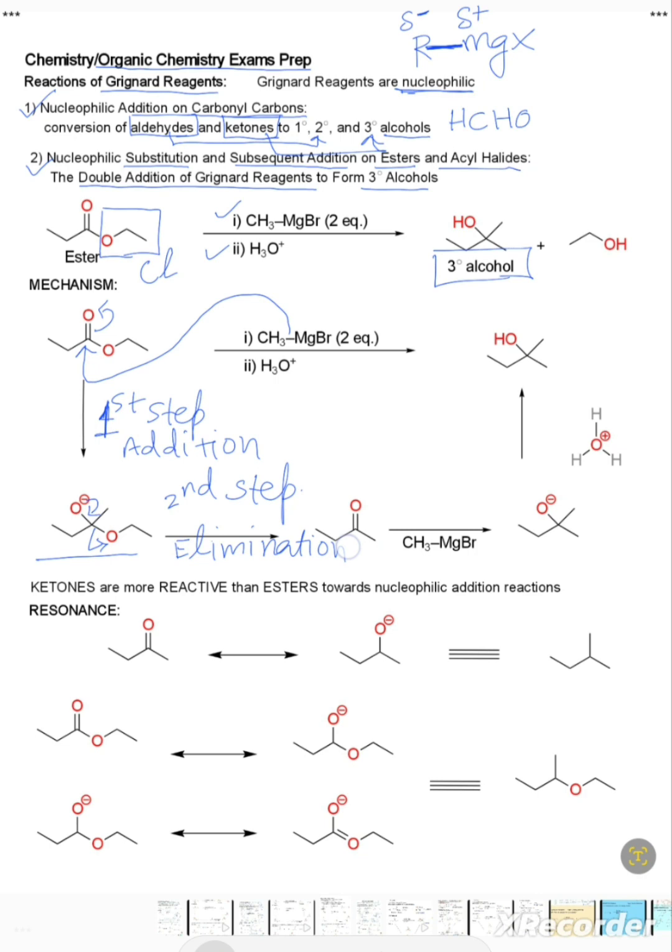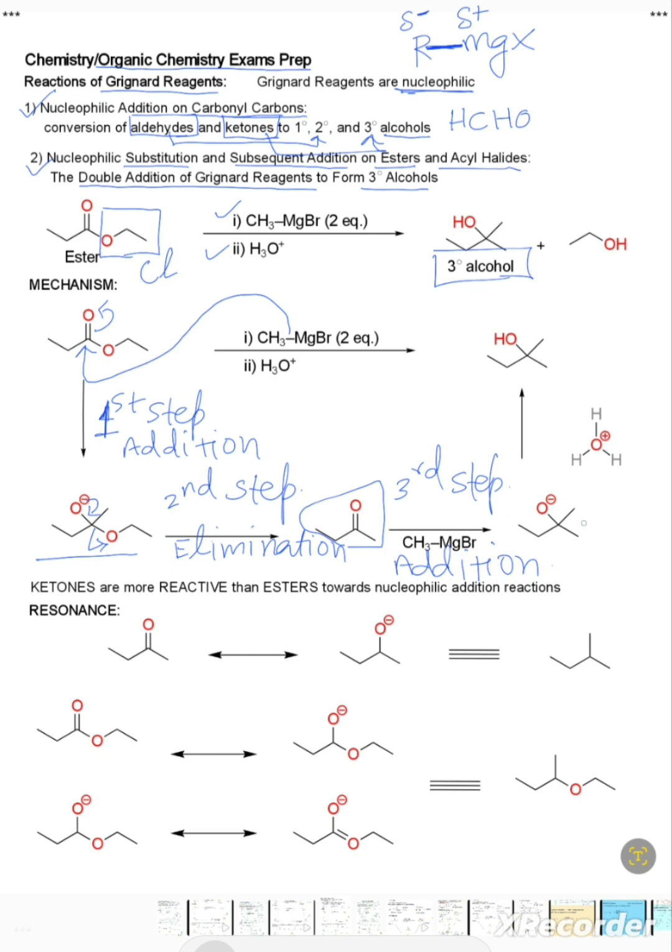Now this elimination gives us the product, which is a ketone, and ketones are even more reactive than esters, which we will see in a minute. But let's finish the third step here. The third step is again the addition of Grignard reagent.